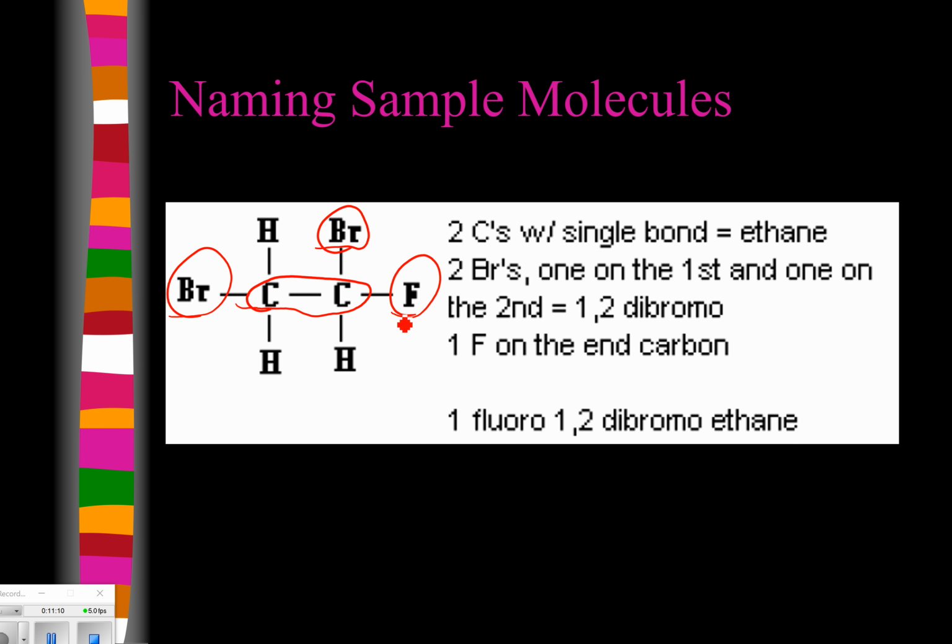And we'll want to put that on the lowest number possible. We would want to call this that. We don't want to call it 2-fluoro, 1,2-dibromo. We want to put each of our groups here on the lowest number possible. And we just add them together. 1-fluoro, 1,2-dibromo, ethane.